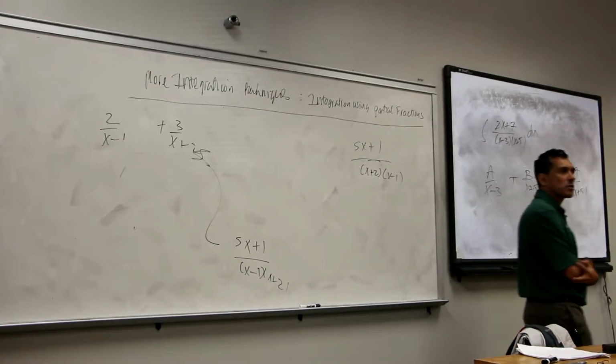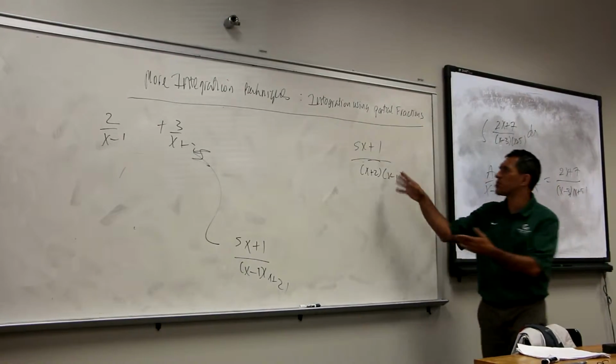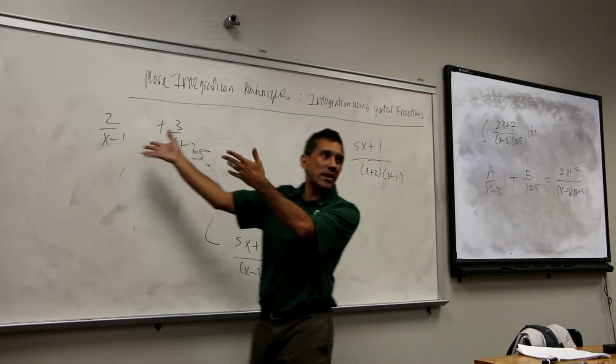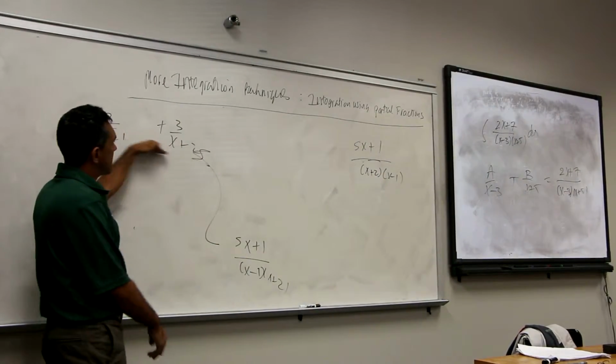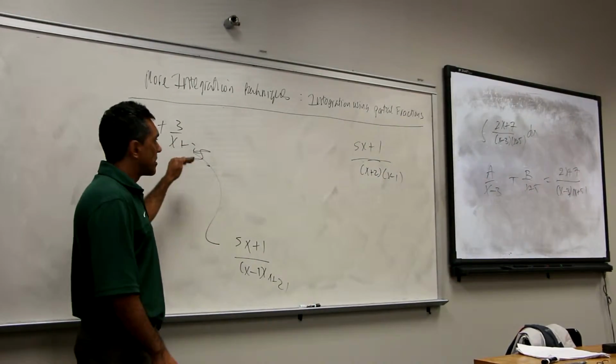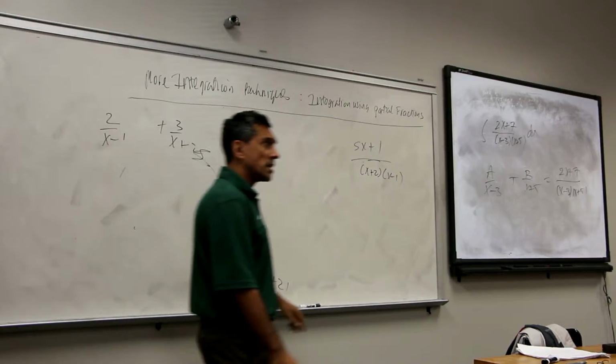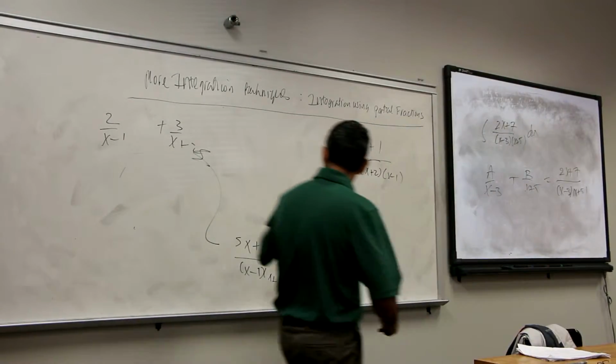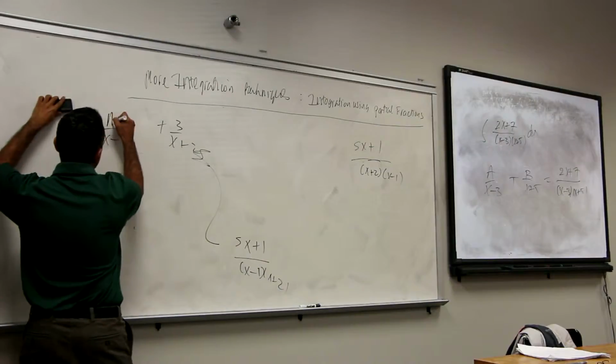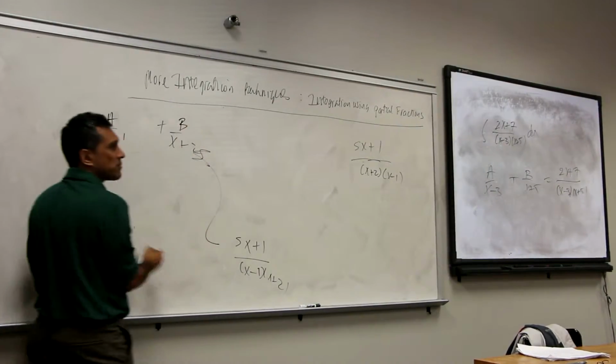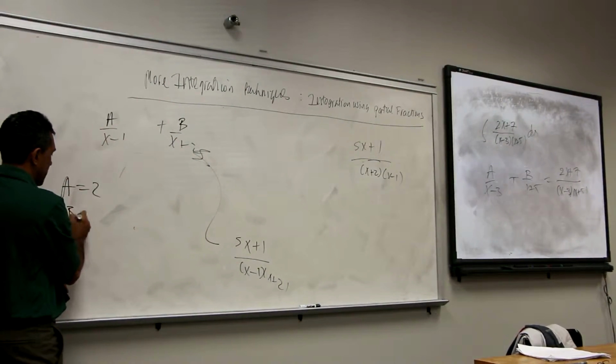Okay? Well, this is what is partial fractions. Partial fractions, when you have something like this, you want to rewrite it. It turns out that I can write this as this plus this. It happens that a is 2 and b is 3.